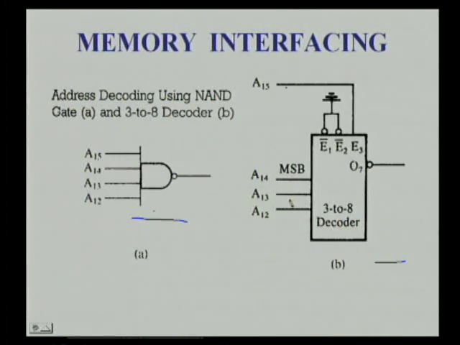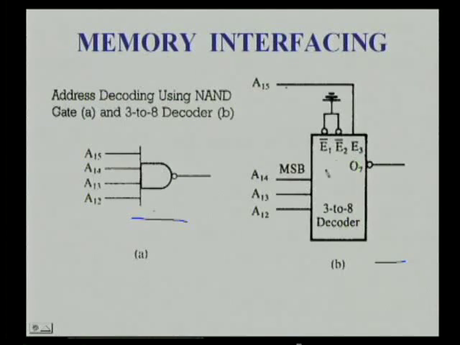Lower 3 bits are connected to the address pins of the decoder, and the higher pin, that is A15, is connected to the enable pin of this decoder. You see, this decoder actually has 3 enable pins, 2 active low enable pins and 1 active high enable pin. These 2 active low enable pins are grounded.